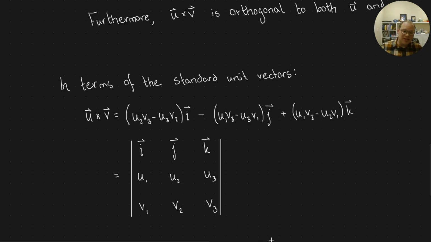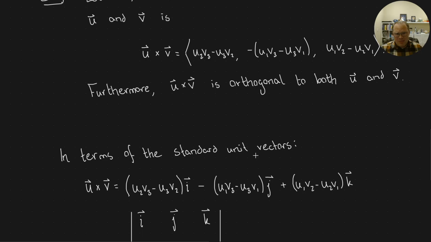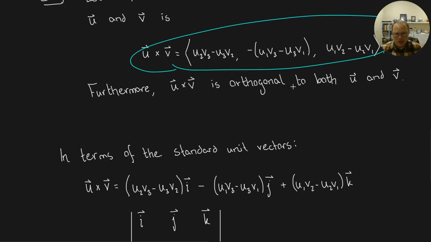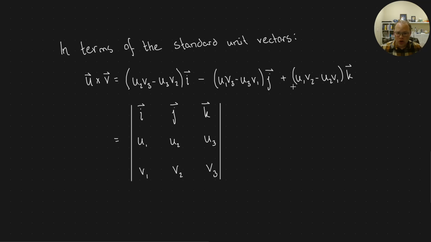This gives us a way to take the cross product without having to memorize this pretty complicated formula. You just have to remember it is the determinant where the first row is the standard unit vectors i, j, k, the second row is the components of the first vector, and the third row is the components of the second vector in the cross product.